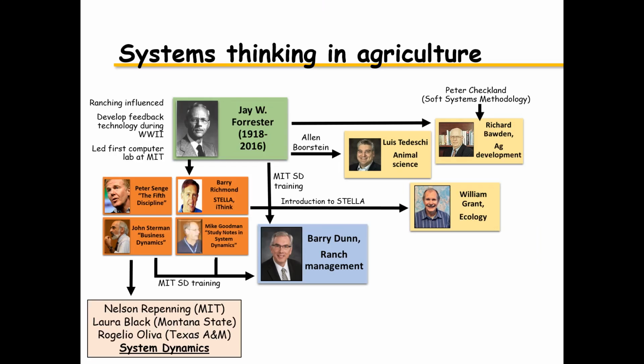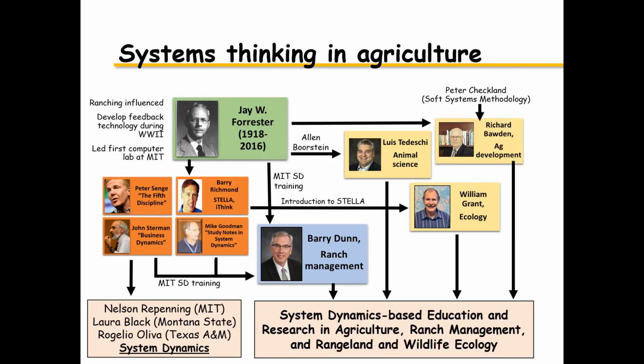At that time, a gentleman by the name of Alan Borstein, who was a student of J.W. Forrester's, had set up a fellowship program so that students at Cornell can learn systems. One of those people happened to be Dr. Luis Tedeschi, who became one of my mentors with Barry Dunn. And when I tell you that Luis Tedeschi is one of the top, maybe the top in the world, but certainly top 5 in the world in terms of nutrition models, that's the guy. And he uses system dynamics as part of his toolbox.